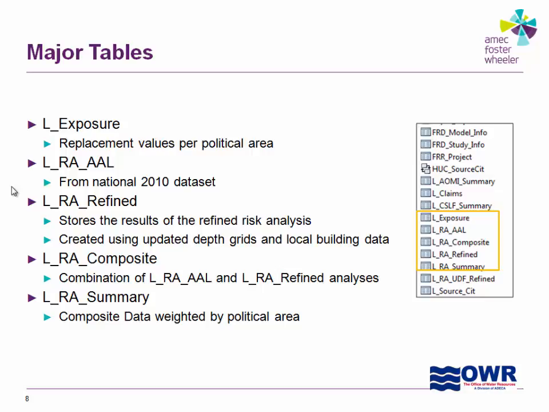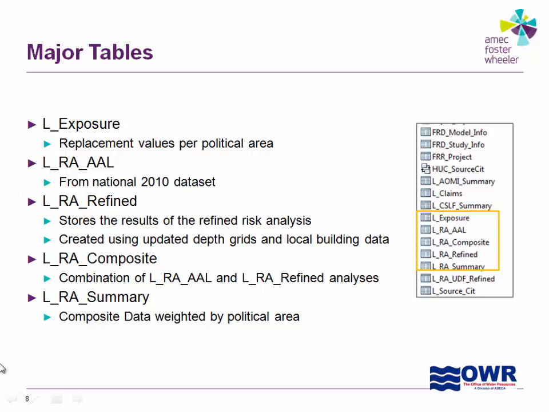And also we'll touch briefly on the AOMI summary, where it links to political area to give you an idea of which kind of areas of mitigation interest you have in each area. And for those interested, there's the changes since the last FIRM summary, which will give you the net added or taken out to change the last FIRM for the community.